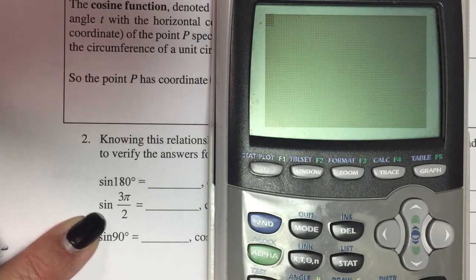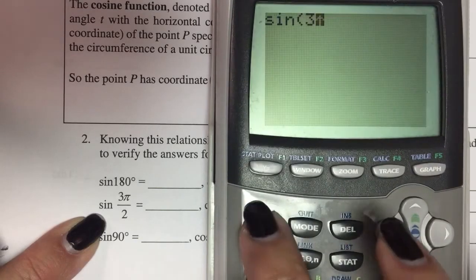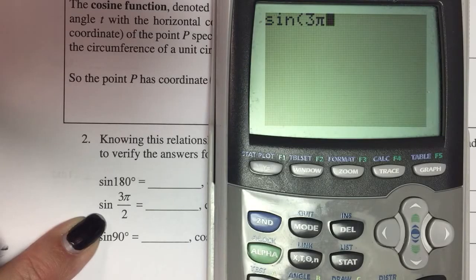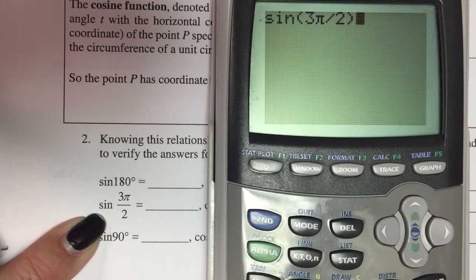Remembering that 3 pi halves is actually 270 degrees, I should be getting -1, because if I look at 270 degrees up at number 1, the sine, which is the y-coordinate, is -1. So that's what I should be getting. If I do the sine of 3 pi divided by 2, you can see I get -1.